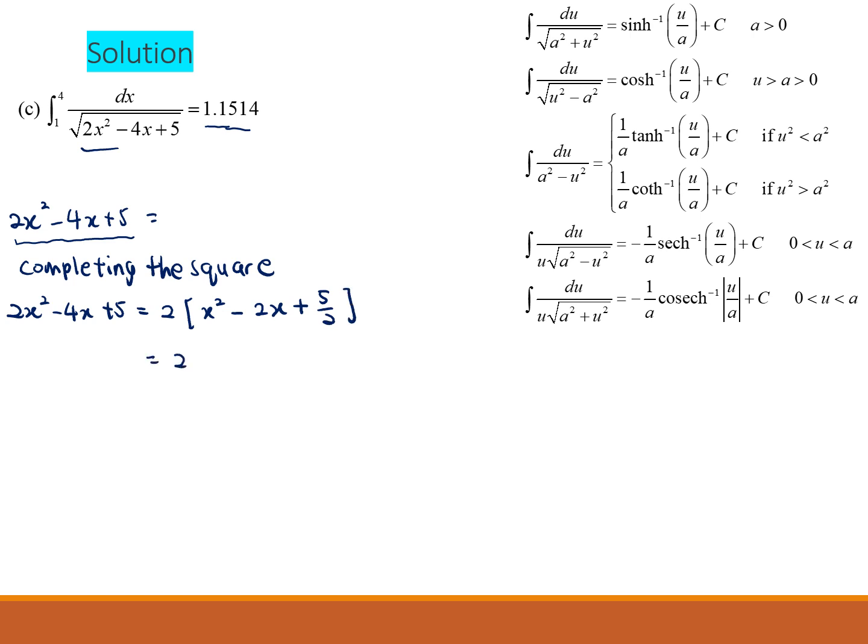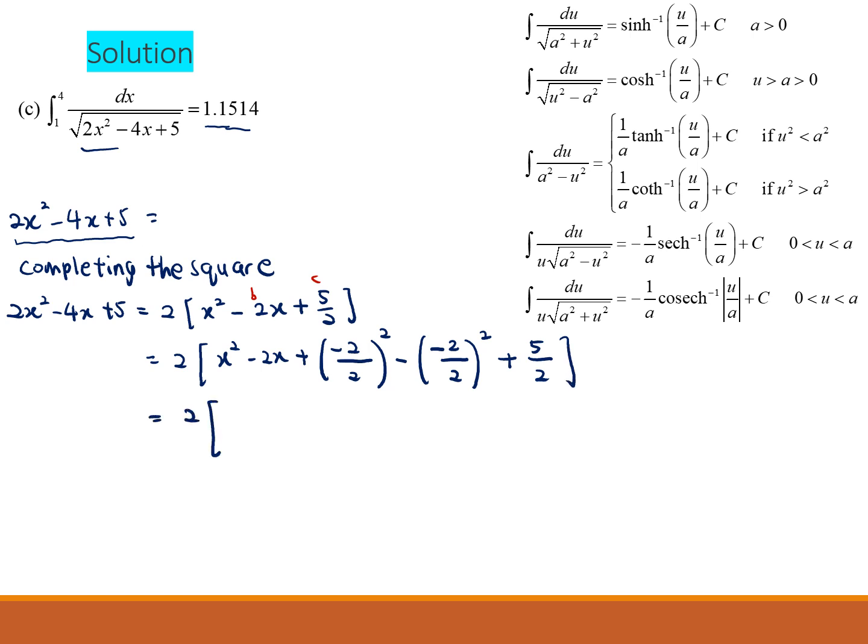Then we proceed to the next step, which is our b and c. So the next step is to add b, where b is negative 2, divided by 2 squared, and subtract b, which is negative 2 over 2 squared, plus c, which is 5 over 2.